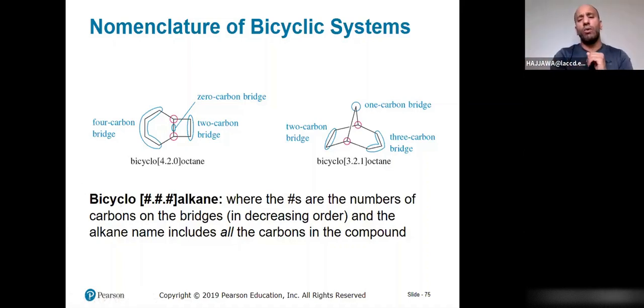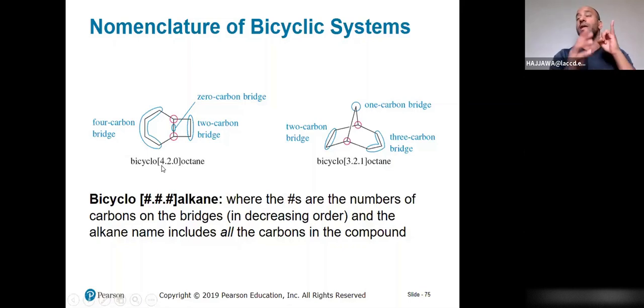All right. Now, how do we figure out the 3 digits that go in the brackets? Well, this is going to depend on the following. The first digit is going to be the number of carbons of the bigger ring coming off the bridge. If I look at this structure, I have 2 carbons holding the 2 rings. Now, how many carbons are coming off from each side? The one to the left, obviously, is the bigger ring. So how many carbons? 1, 2, 3, 4, and that's what goes first.